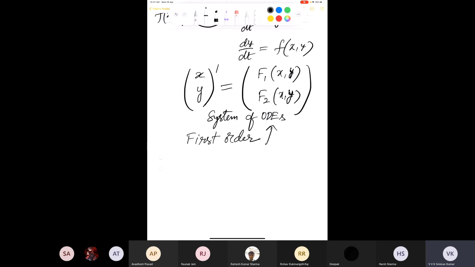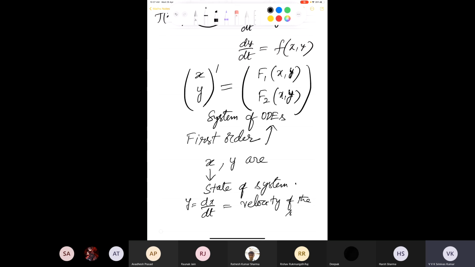And what is now the phase plane? x and y are the actual variables. What is x? X is the state of the system, and y is dx by dt. So this is the velocity of the system, or the phase of the system.